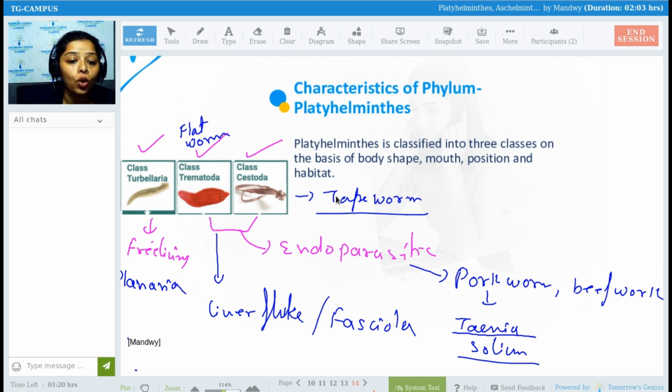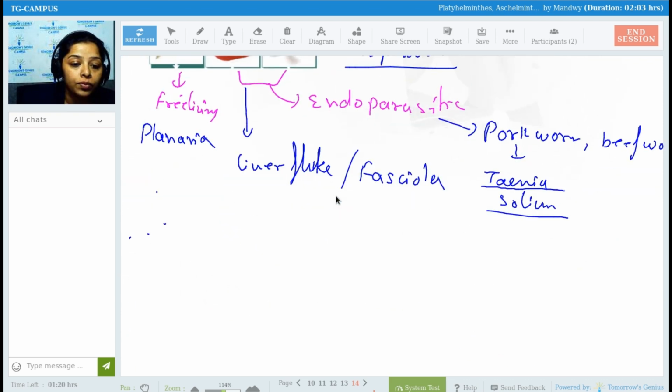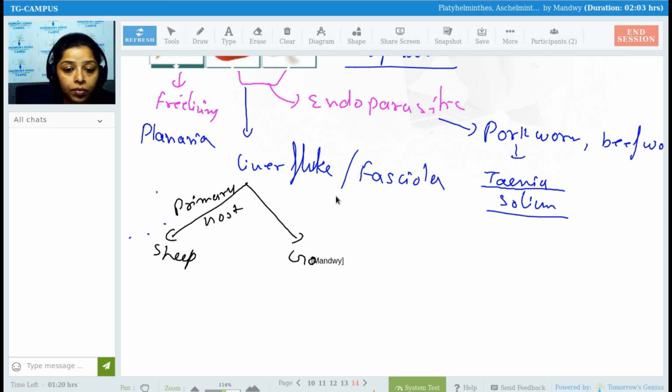Primary is the sheep and goat. Okay, and they complete another phase of the life cycle in the secondary host, and that is the snail.